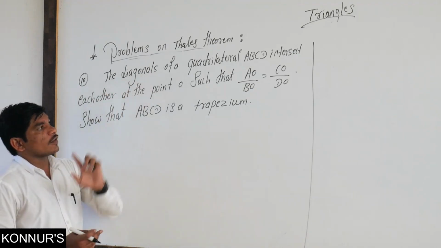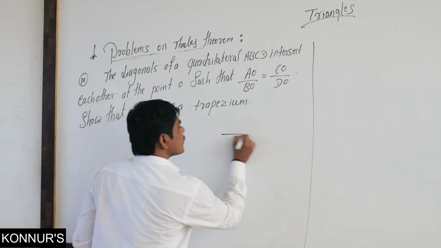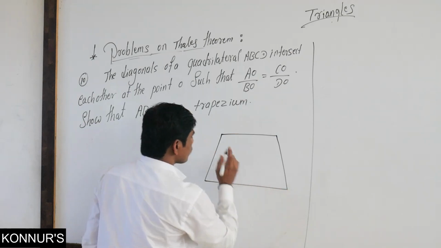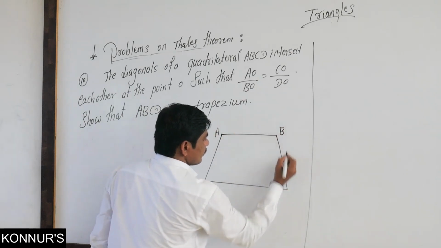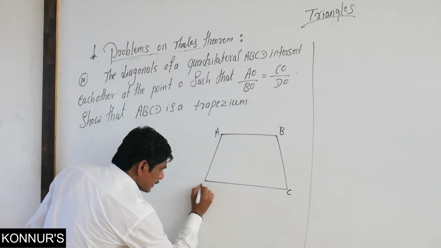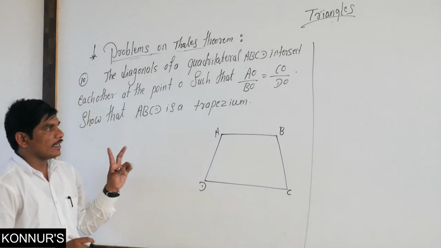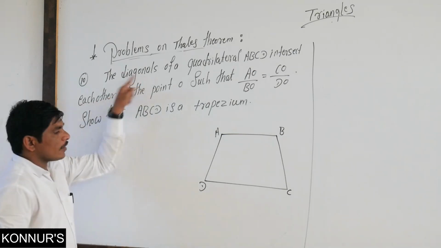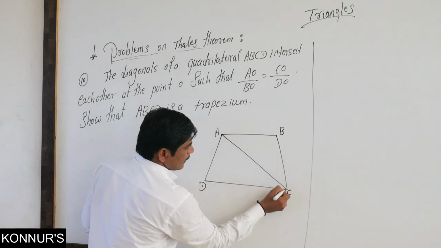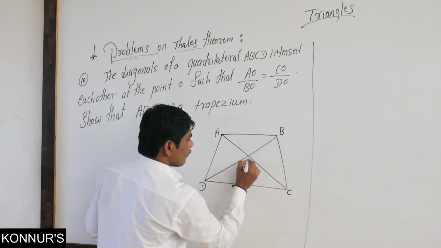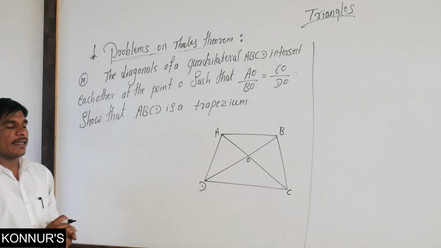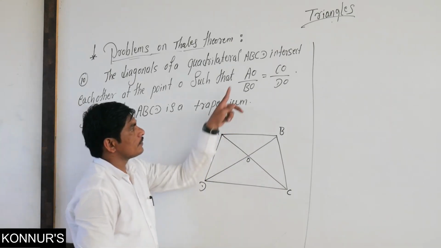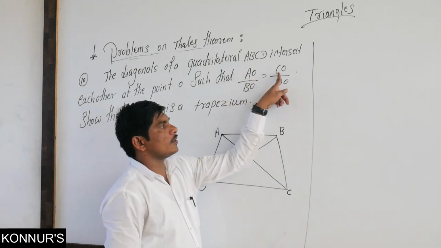Here, diagonals of a quadrilateral, it means the given is a quadrilateral. According to the given statement, we draw the figure. ABCD is a quadrilateral. Then we draw the diagonals AC and BD. AC and BD intersect at point O, which is given, and one more given is AO by BO is equal to CO by DO.